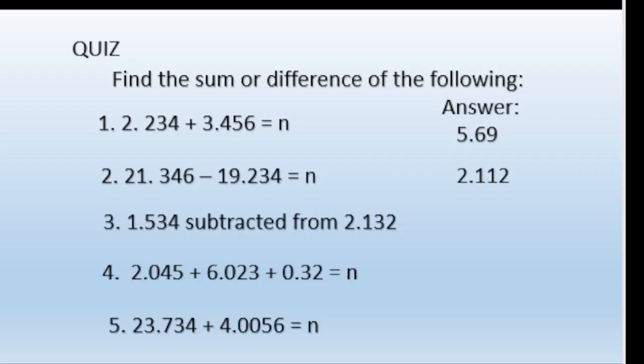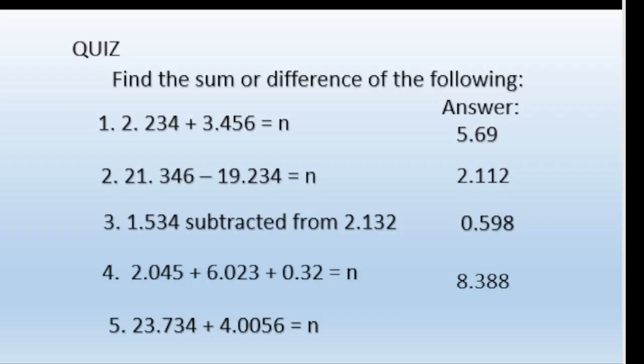Then 1.534 subtracted from 2.132, and 2.132 is your minuend. So your answer is equal to 0.598. And then you have 2.045 plus 6.023 plus 0.32 is equal to 8.388.